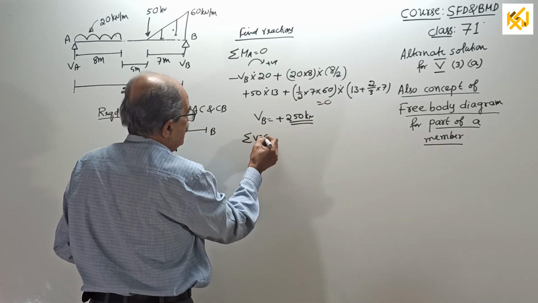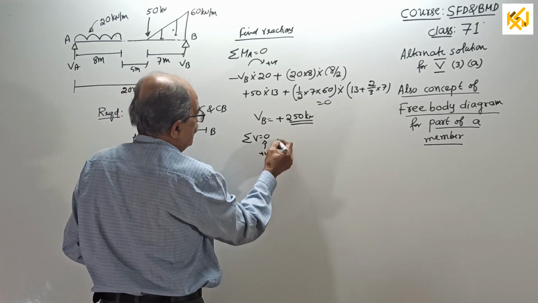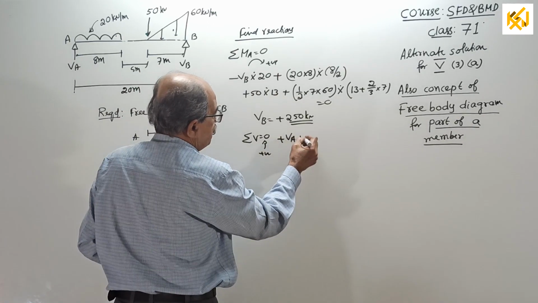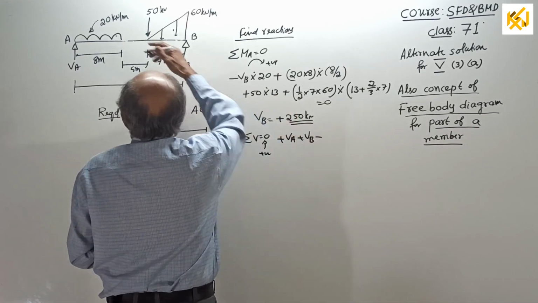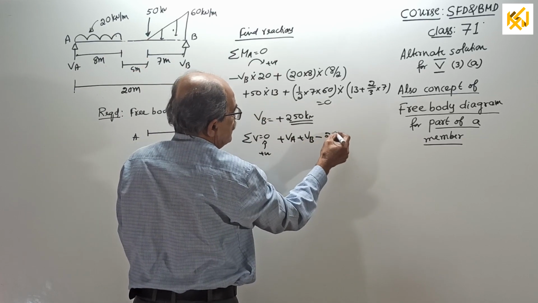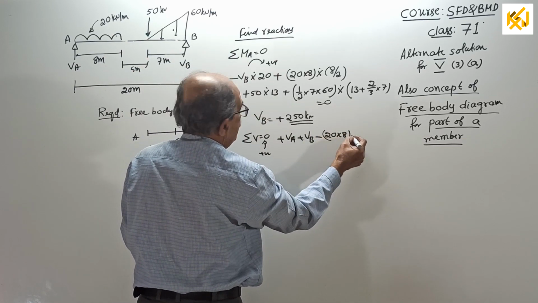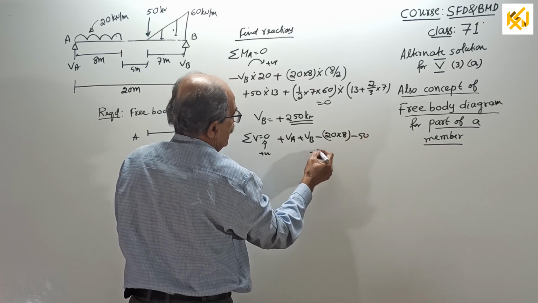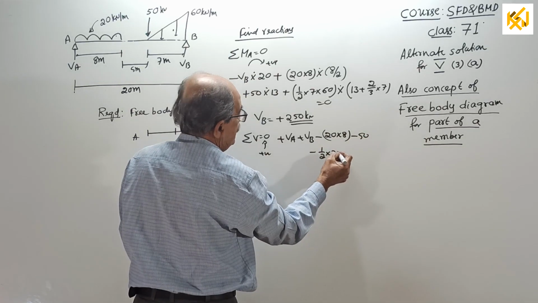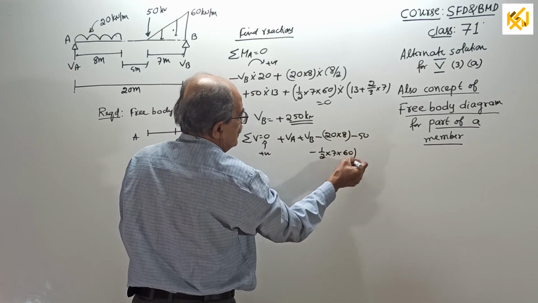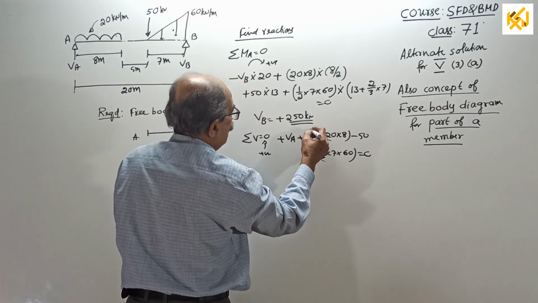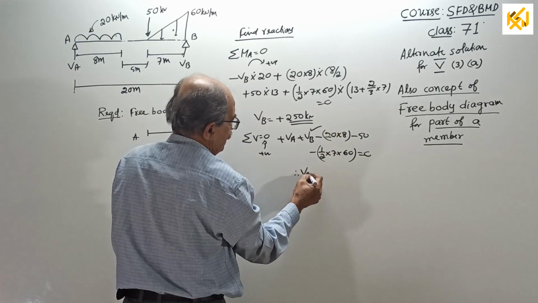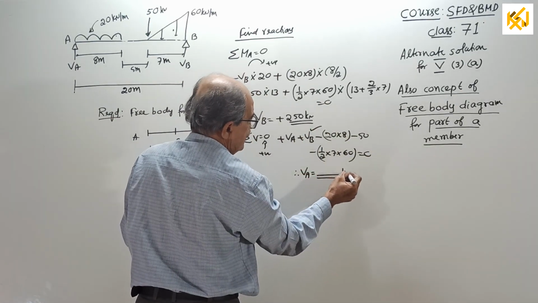Sigma V equal to 0, take upward positive: VA plus VB minus 20 into 8 minus 50 minus half into 7 into 60 equal to 0. You know the VB value, therefore you get the value of VA.